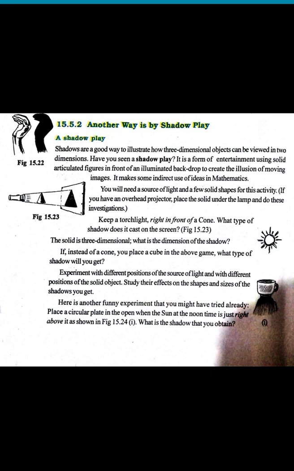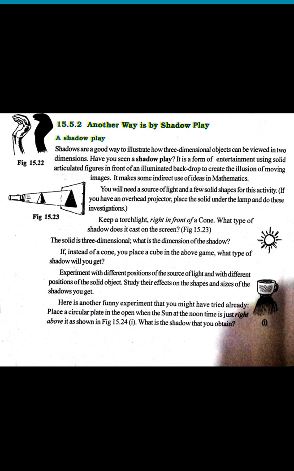Now we can see the important points that we have discussed in this chapter. The first point is that the circle, the square, the rectangle, the quadrilateral and the triangles are examples of plane figures. Then the examples of solid shapes are cube, cuboid, the sphere, the cylinder, the cone and the pyramid.